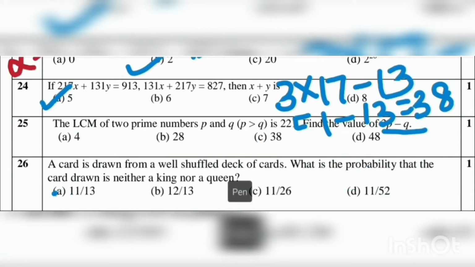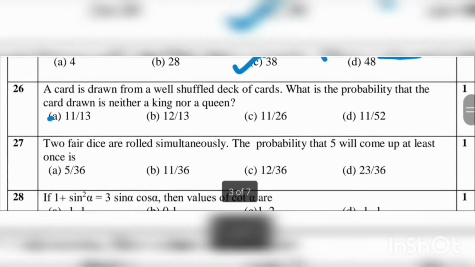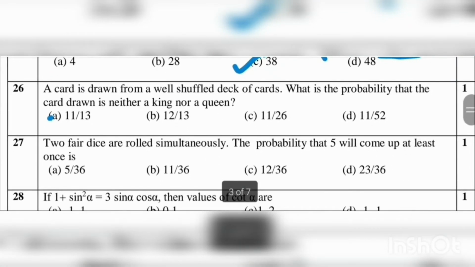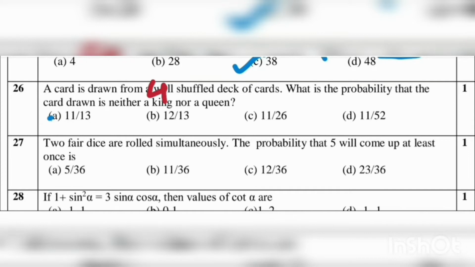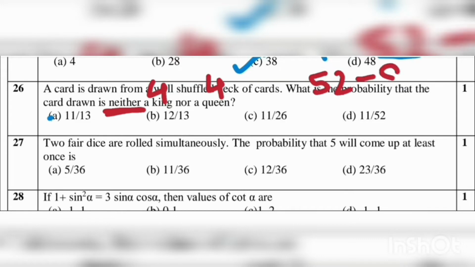Now next question. A card is drawn from a well shuffled deck of cards. What is the probability that the card drawn is neither king nor queen? Now we know how many kings and queens there are in a well shuffled deck: 4 kings and 4 queens. We don't want king or queen. Total cards are 52. From them we subtract 8 cards of king and queen, so we are left with 44 cards.